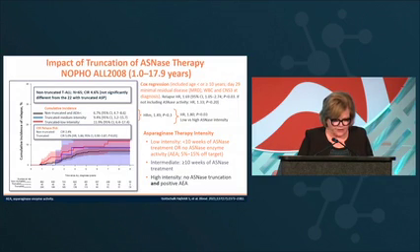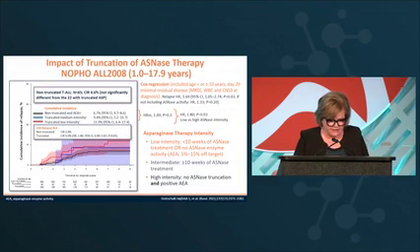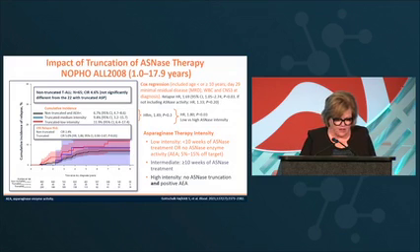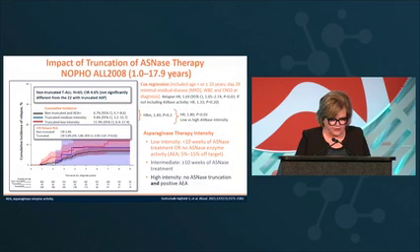Those that had truncated, or stopped their asparaginase, with medium intensity, and medium intensity means they had 10 or more weeks of asparaginase, had a cumulative incidence of relapse of 9.4%.